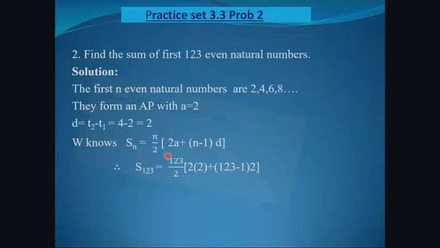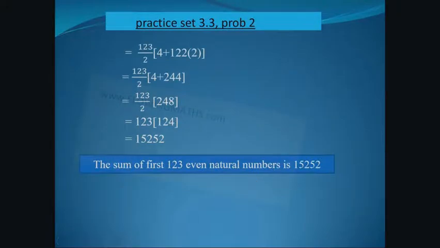So Sn is n upon 2 bracket 2a plus n minus 1 into d, is equal to 123 upon 2 bracket 2 into 2 plus 123 minus 1 into 2. That comes to 123 upon 2 bracket 4 plus 122 into 2.